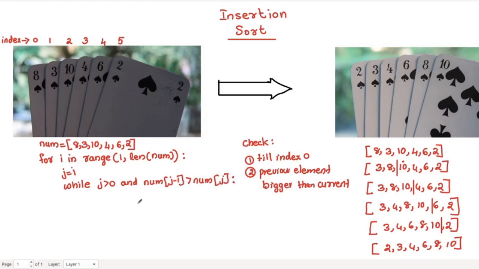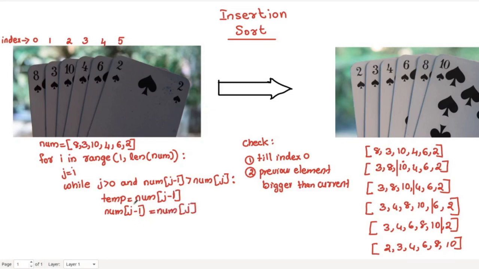The swapping procedure can be written as follows. We assign num of j minus 1 to a variable called temp. Then we assign num of j minus 1 equal to num of j. Then num of j equal to temp.